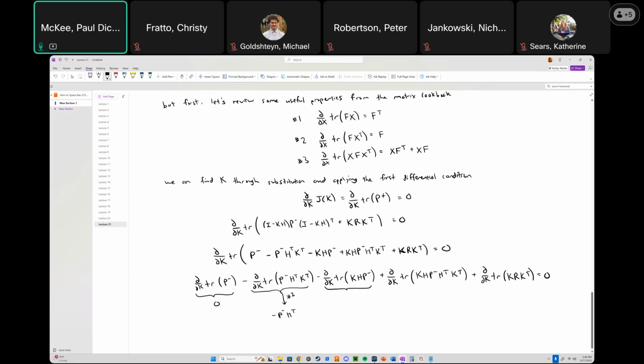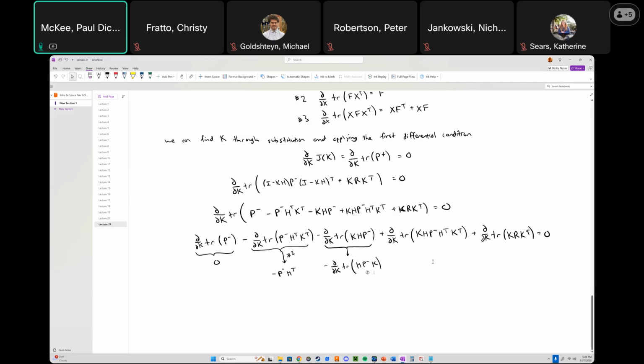So then follow along with me here. I think this looks like number 1 up above, but only after we do a cyclic permutation. So this is the same thing as minus d/dK trace of H P minus K. Right? Remember, we're allowed to do cyclic permutations within a trace.